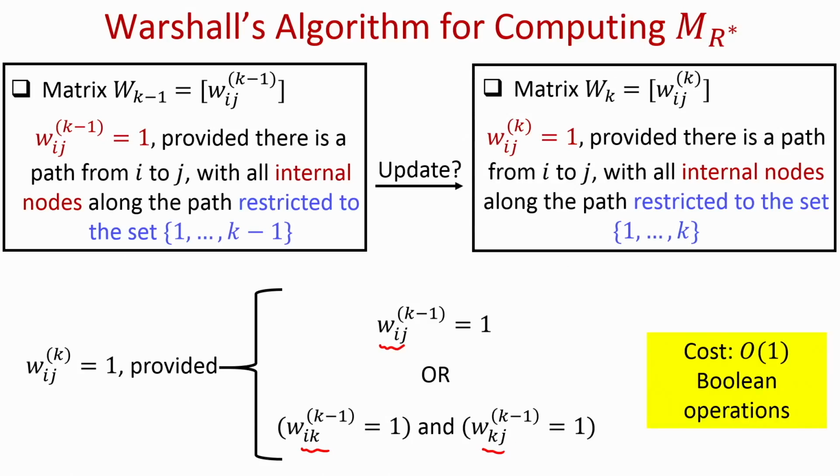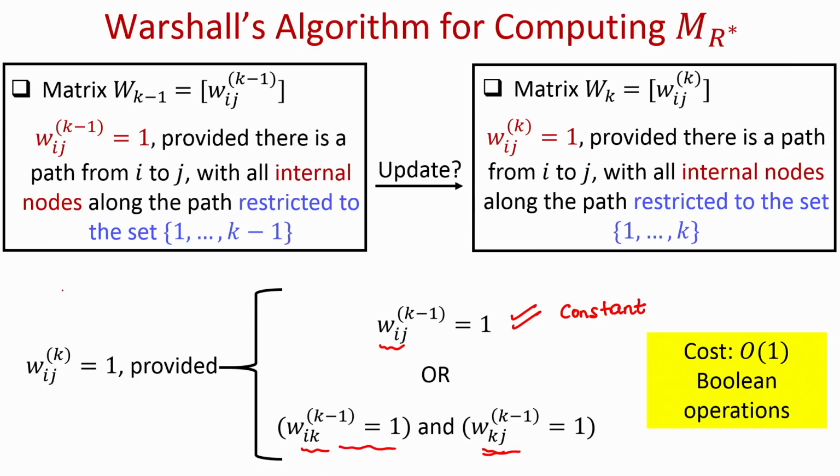And what will be the cost for performing these operations? So, this will need constant amount of effort, because you just need to go and check the i comma jth entry of the previous matrix. And in the same way you can go and just check the i comma kth entry of the previous matrix and the k comma jth entry of the previous matrix. You just need to do two matrix lookups, which will be costing you constant amount of effort.